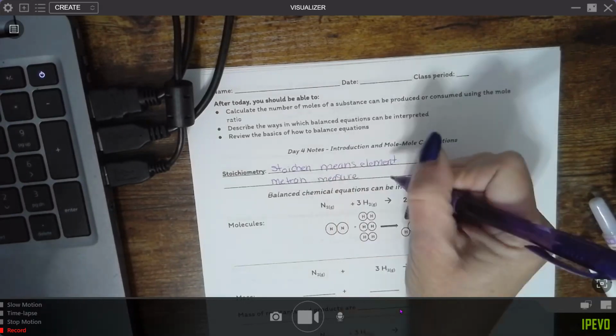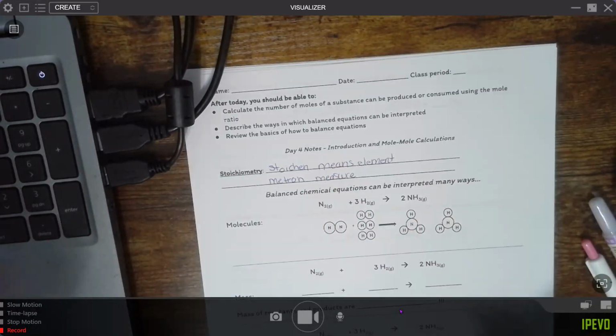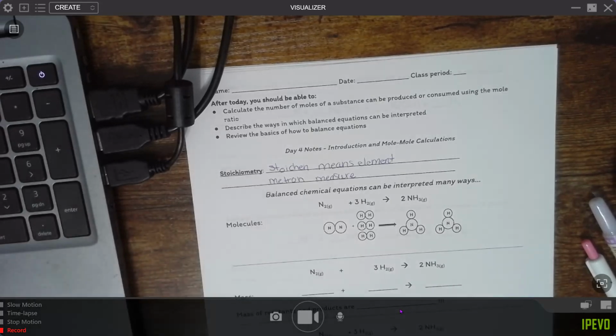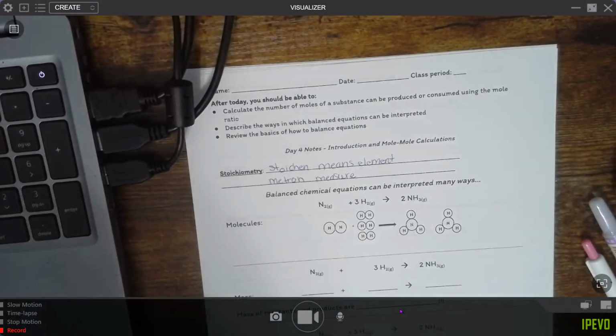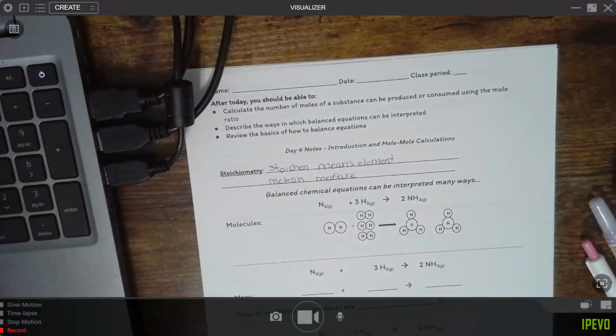So in other words, stoichiometry is the measurement of elements, and not just elements, but compounds and molecules and things like that.